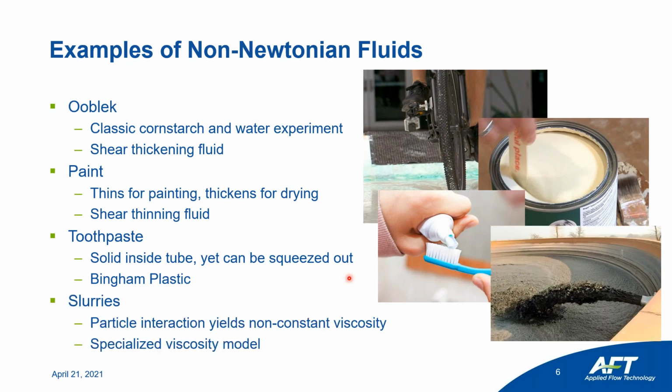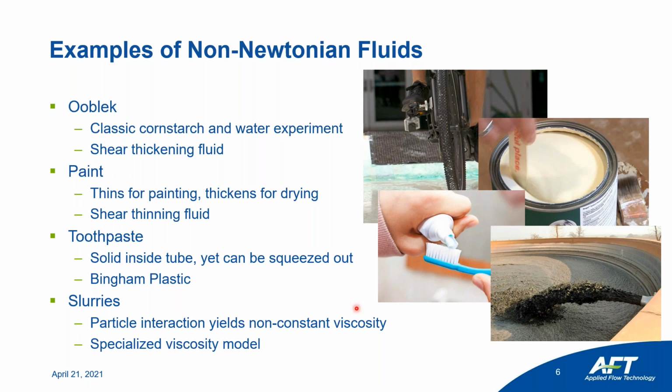And then finally, as a general category, we have slurries. By definition, a slurry is a material or a fluid with particles suspended in it, and those particle interactions yield some non-constant viscosity. Usually with a slurry, you're going to have some sort of specialized viscosity model. So AFT software has an actual specialized SSL or settling slurry module that can help capture some of that non-constant viscosity behavior.